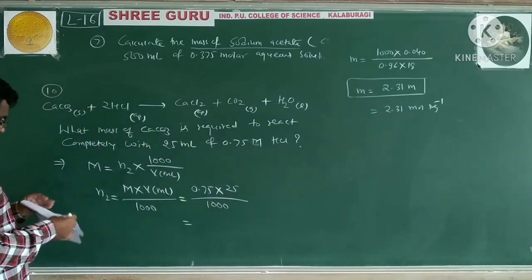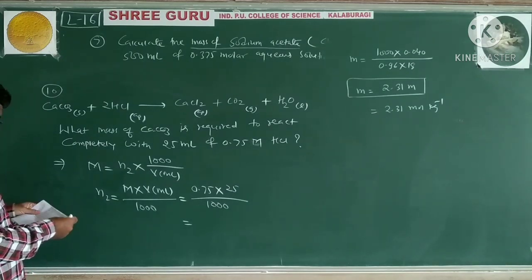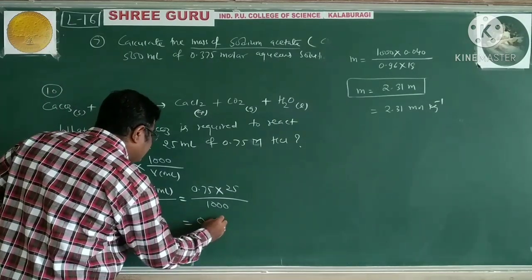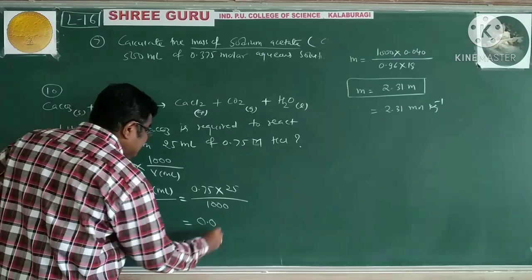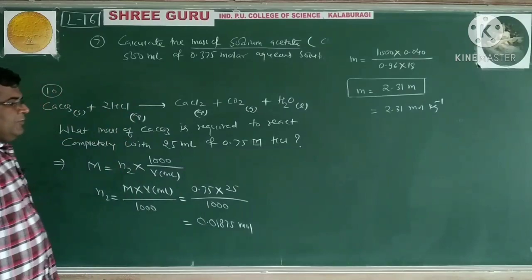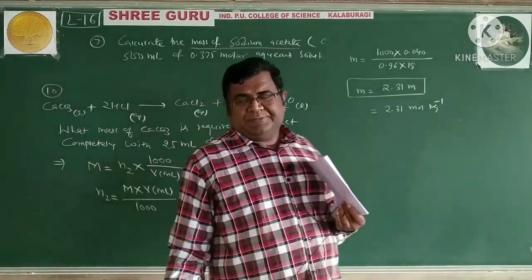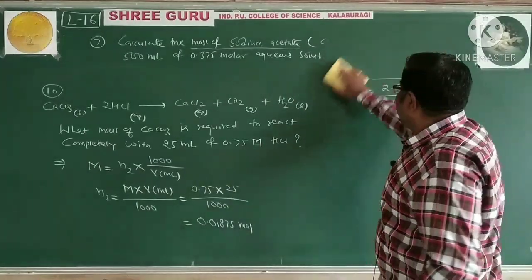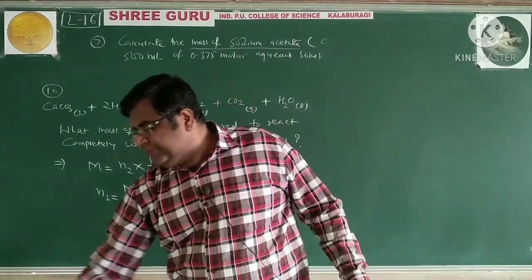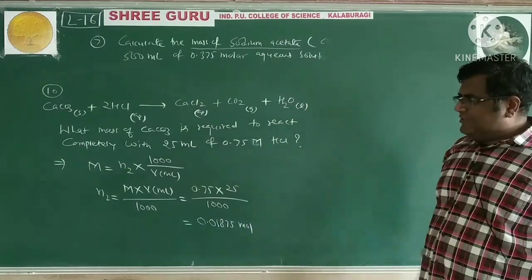So that happens to be 0.01875 mole. This is the number of moles of HCl we have obtained. Now we can write according to this balanced chemical equation. They have only given the balanced form and we just confirm it. It is in balanced form only.